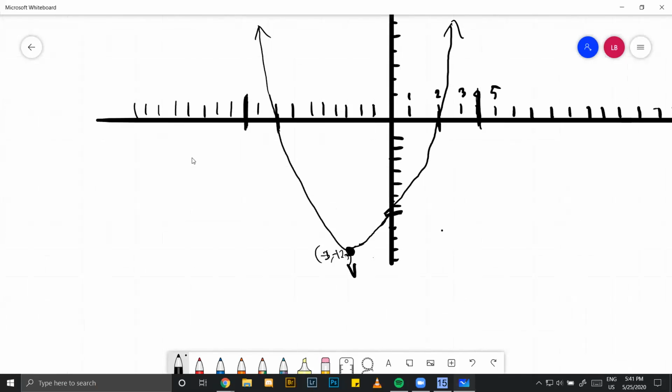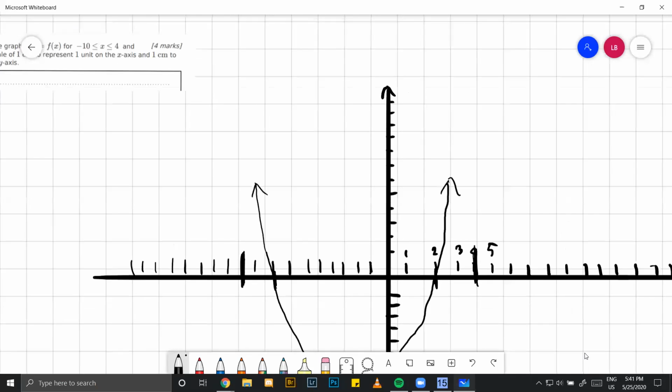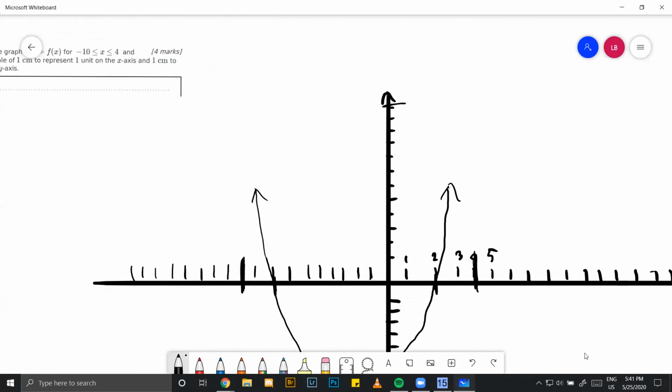So -14 is right underneath this, and 14 is probably somewhere up here. I can't tell right now. What you should do is continue drawing the parabola until you hit these points, and then make a hole and block it off.